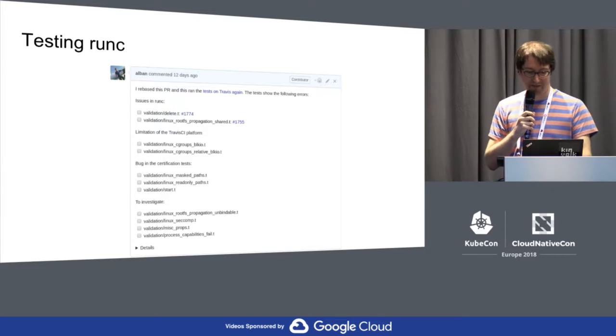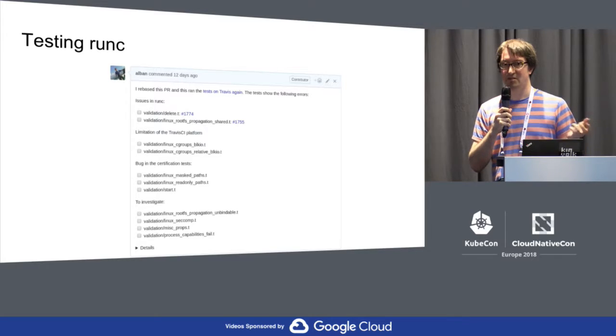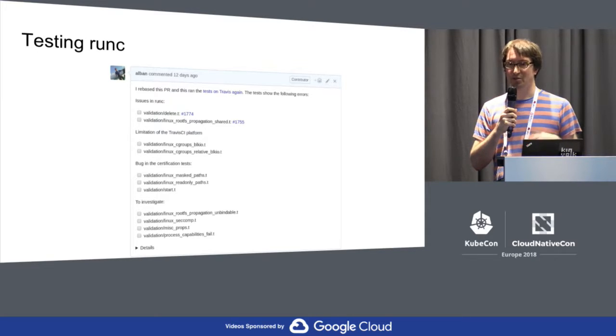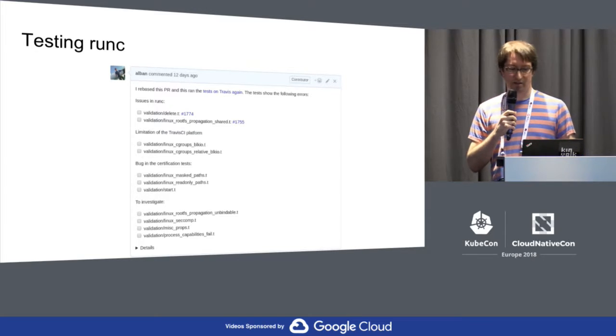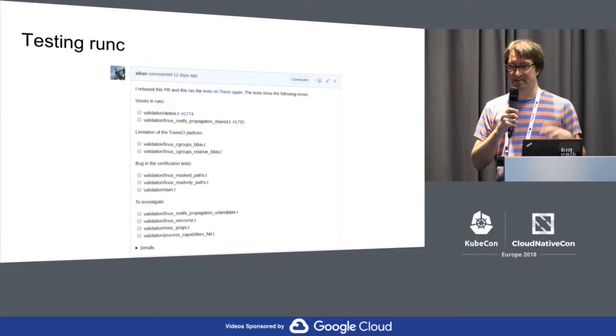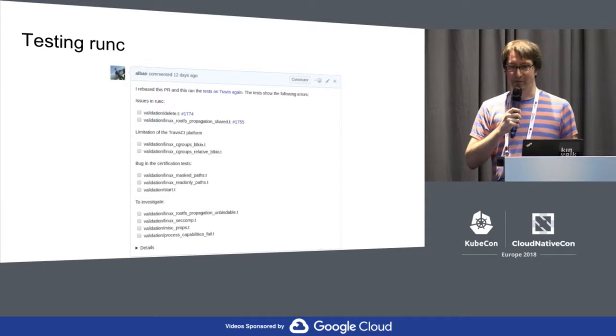yes, so one of them is about the delete. I think there's a discrepancy between the spec and the implementation. I don't remember the exact details about this one. And the other one is about setting the mount propagation on the rootfs. I think some options don't work on runc. If I remember correctly, it used to work, but maybe it's a regression.